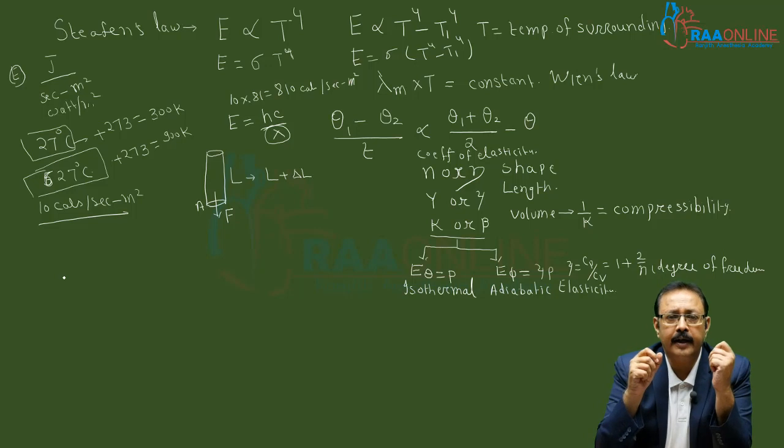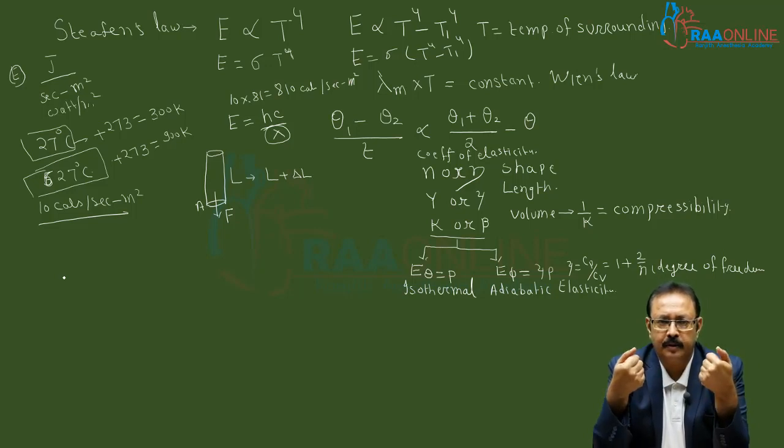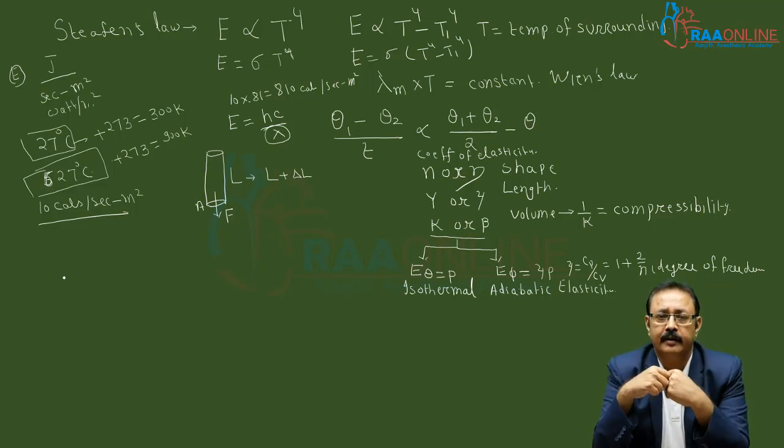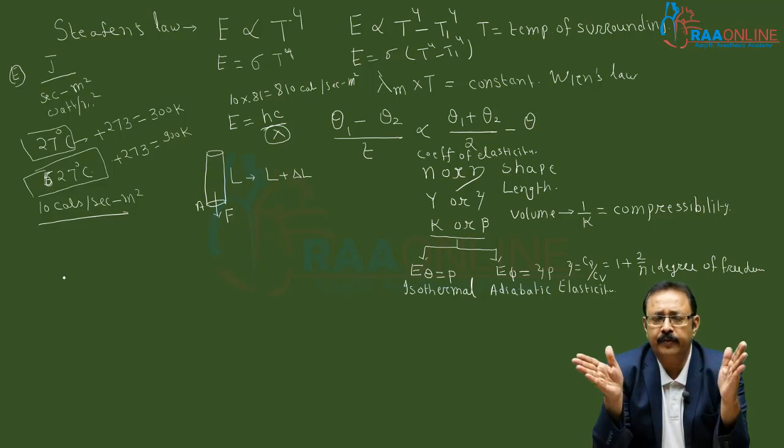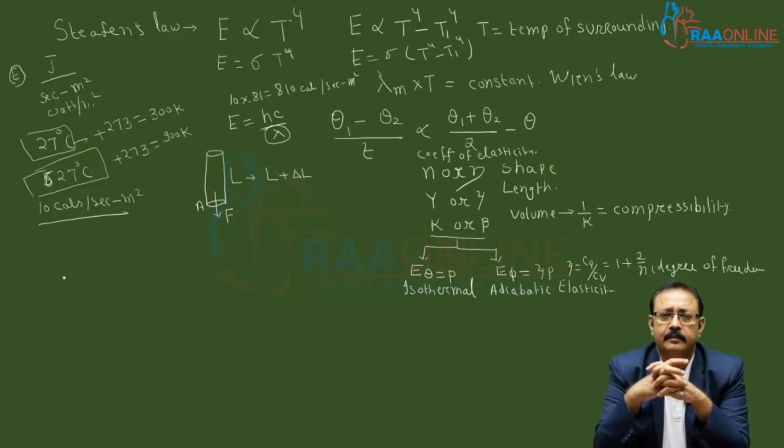It means when I applied one force, there was an equal and opposite internal reaction in the wire, and that reaction wants to take the wire back within a limit. It is equal to my applied force.